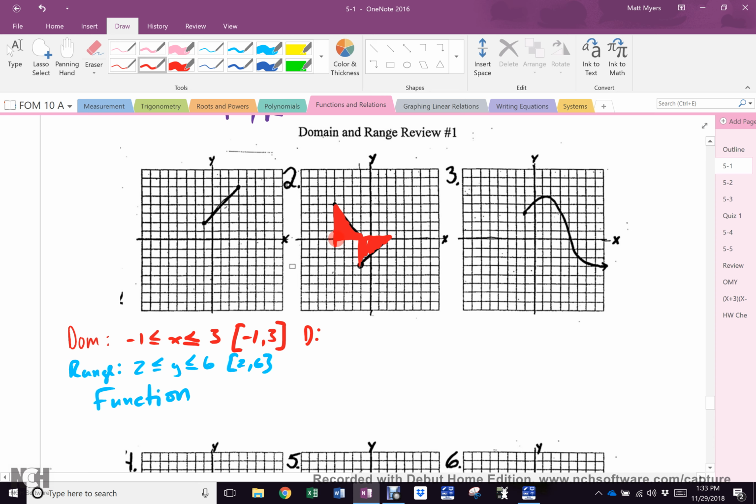And you can see that the x values go from -4 up to and including +2, which we rewrite as -4, 2 with square brackets. Because I go from -4 up to 2. Yes.